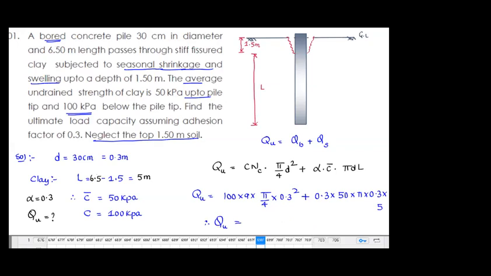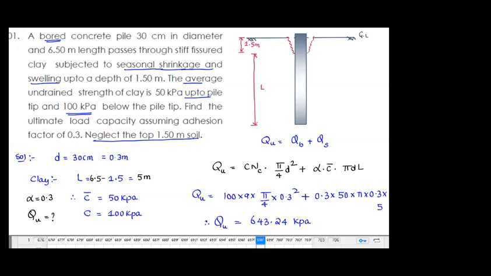For solving, you are getting 643.24. You see, the C value is not 10, it's 100. The answer is 643 point.